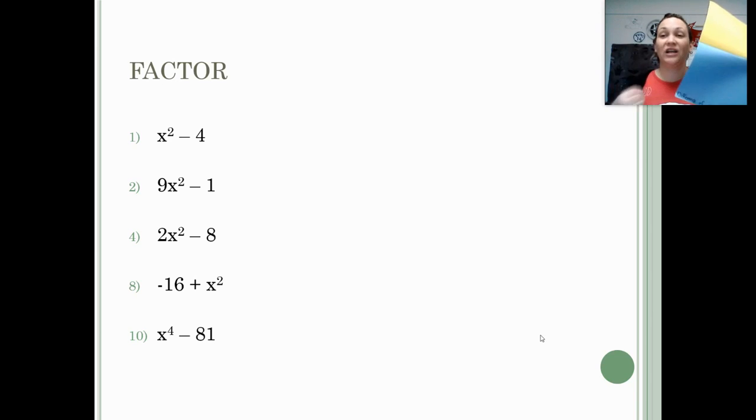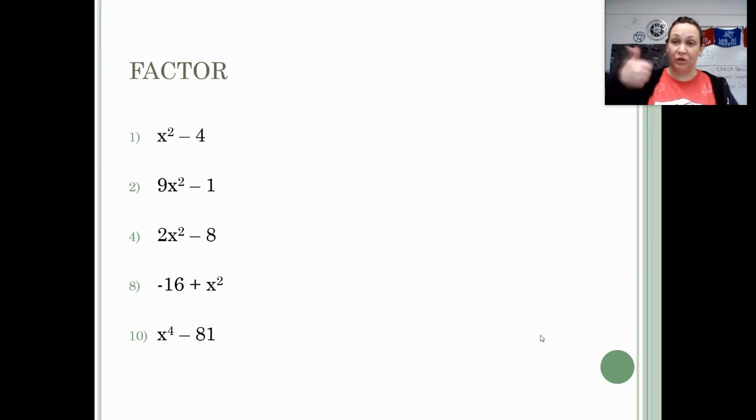I want you to actually factor it. And I put them back on the screen for you. So numbers 1, 2, 4, 8, and 10 from the first video were yes, a difference of squares. And now that we know how to write an answer for that, go ahead and write an answer for these 5 problems. When you're done, unpause the video and we can check your work.